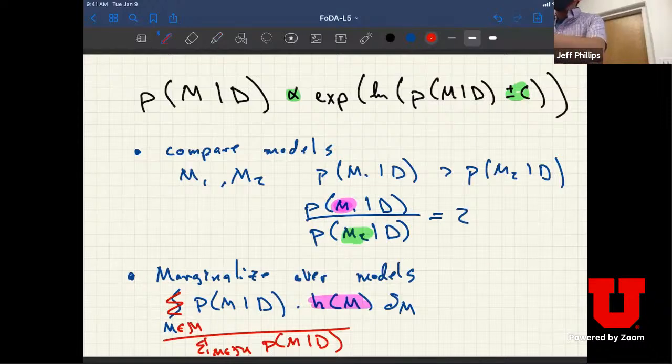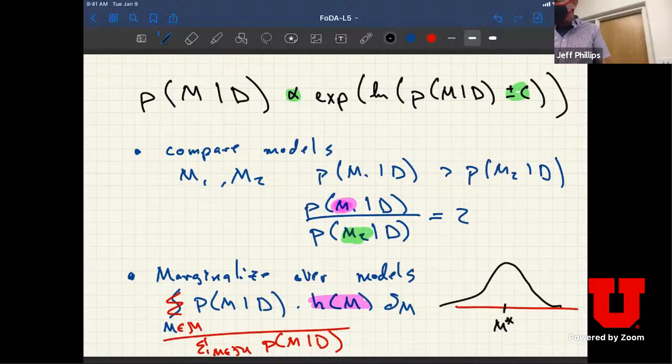One other thing is I can say a range of models which is most likely. There's some posterior distribution, right?